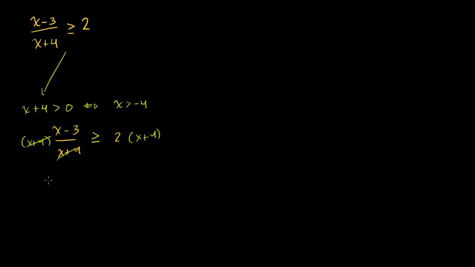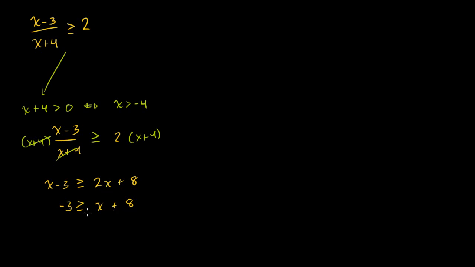Let's see what we get. We get x - 3 is greater than or equal to 2 times x plus 2 times 4, which is 8. And now what can we do? We can subtract x from both sides. We get -3 is greater than or equal to x + 8. I just took x from 2x. And then we can subtract 8 from both sides.